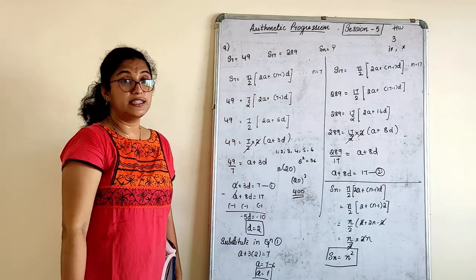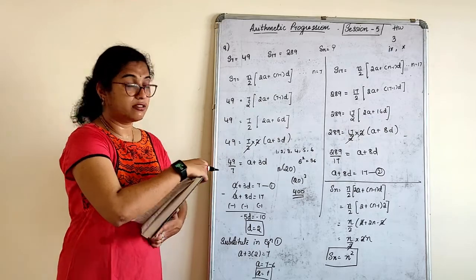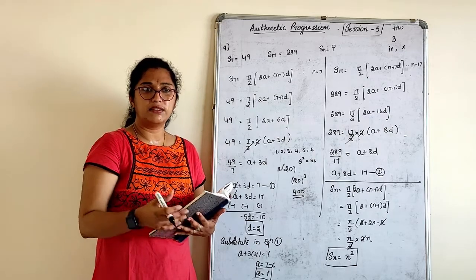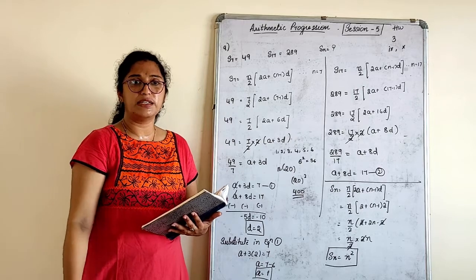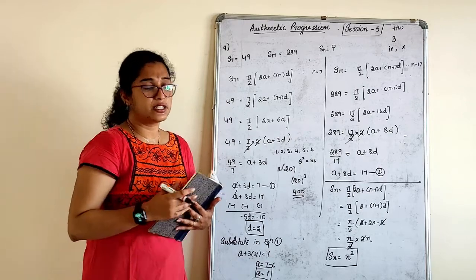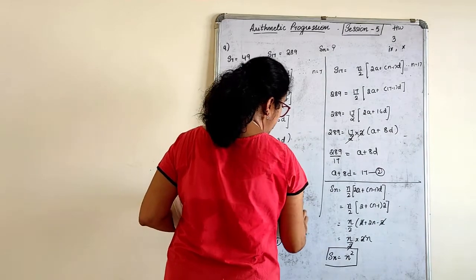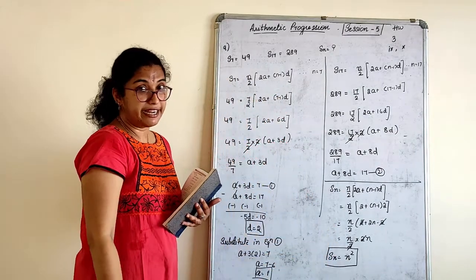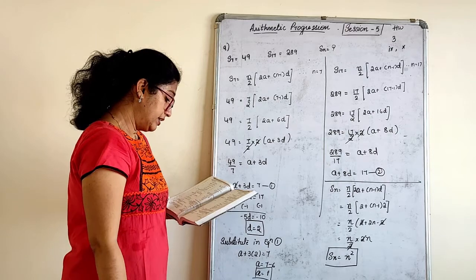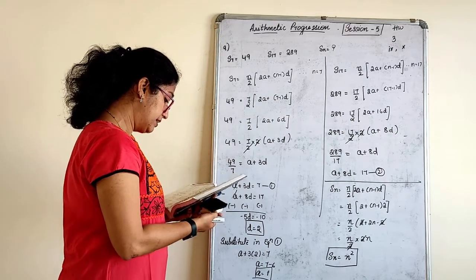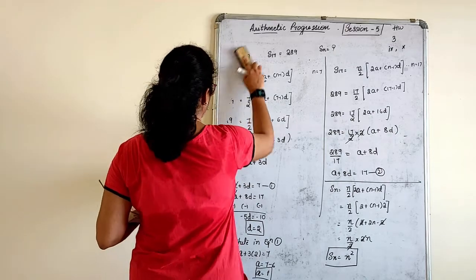It can be asked in MCQs. Sum of first 25 terms, answer is 625, 25 square. So that you have to remember. This is nothing but a formula which we have actually derived. Okay? Quickly copy this down. And the last sum for today's session, we'll solve it.